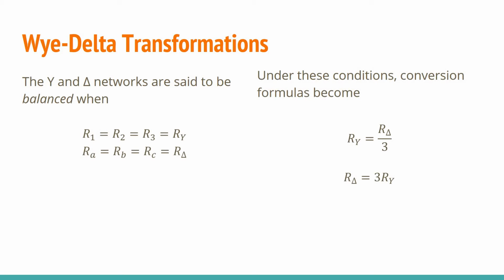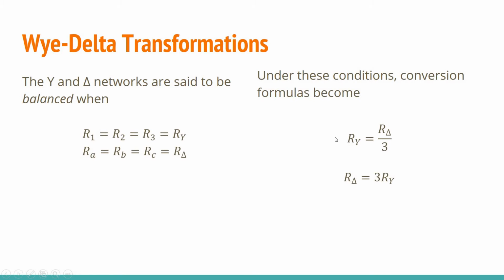Under these conditions, conversion formulas become, okay, so kung nakabalance ang network, meaning equal ra ang resistances, pwede ra nga kani ang gamiton nga formula. So RY is just equal to R delta divided by 3. Or kung Y to delta, so R delta is just equal to 3 times RY.